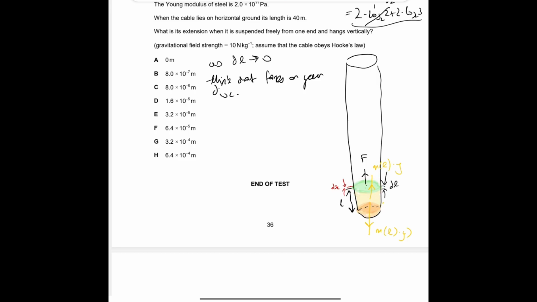So if we look at the green disk now, as well as the upwards force F, it's also going to experience the tension from the cable above it. It's also going to experience the downwards force mlg.